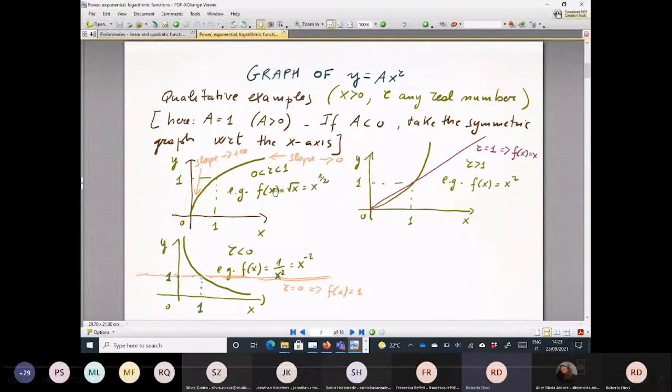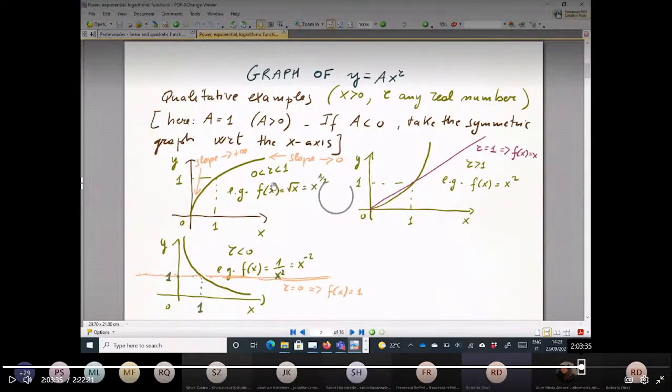Okay, this is the case in which we have the exponent between 0 and 1.